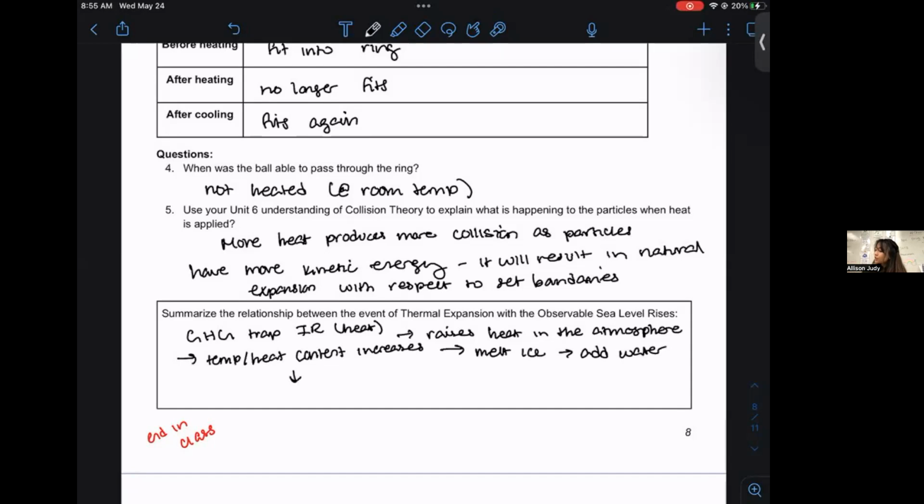Okay. But we also see, kind of adjacent to that, that as heat temperature increases, the already present particles in general gain heat energy. So the particles collide more, which means that we're going to see thermal expansion.